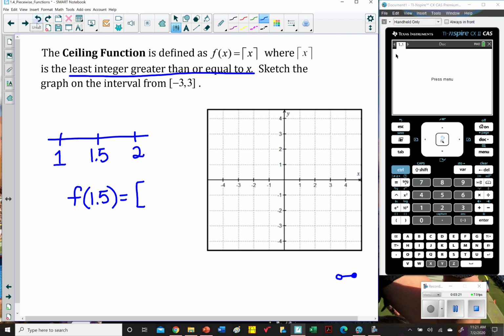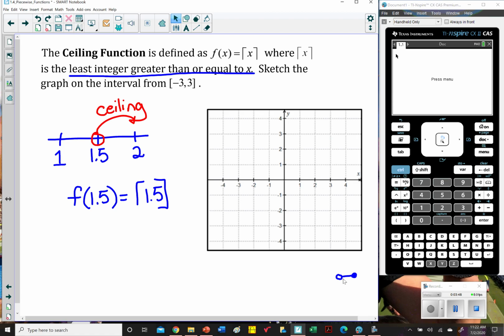Whoop, I'm drawing the greatest integer function. Oh, okay. Fix my notation here. So the ceiling function at 1.5, if you think about it this way, I'm at 1.5 and I want the smallest integer greater than my value. So greater than my value is to go up. That's the ceiling function. I want to step it up.